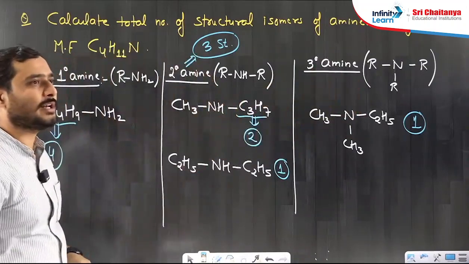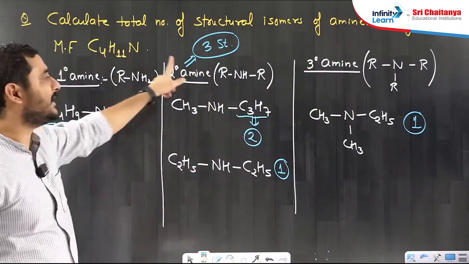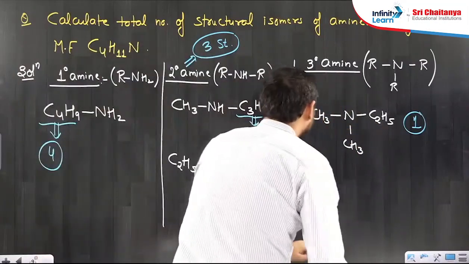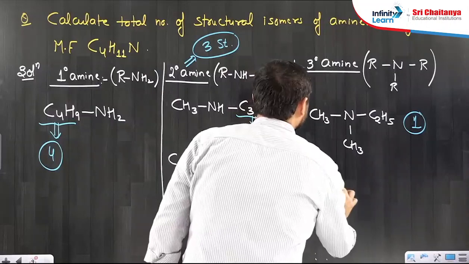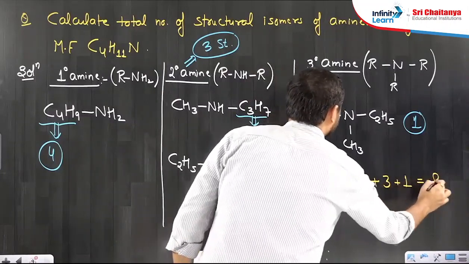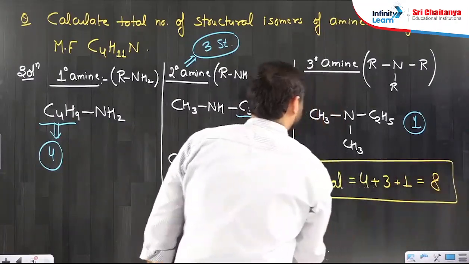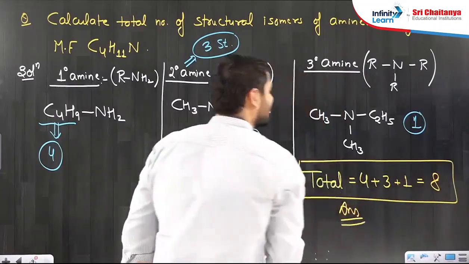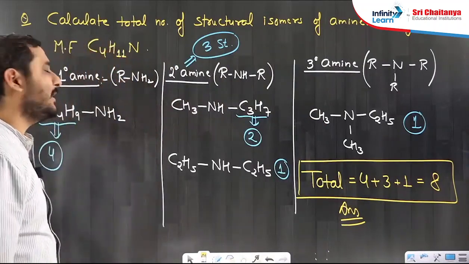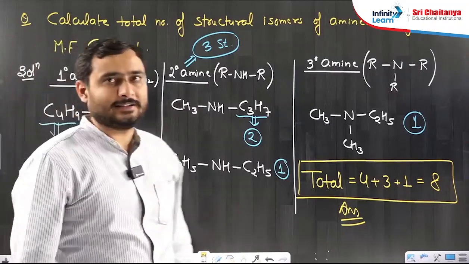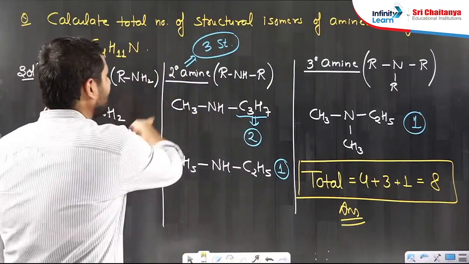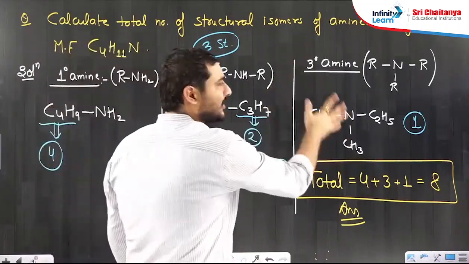Total is 4 plus 3 plus 1, which is 8 structural isomers for amines having molecular formula C4H11N. So in the case of amines, you have to find separately first primary, then secondary, then tertiary amine.